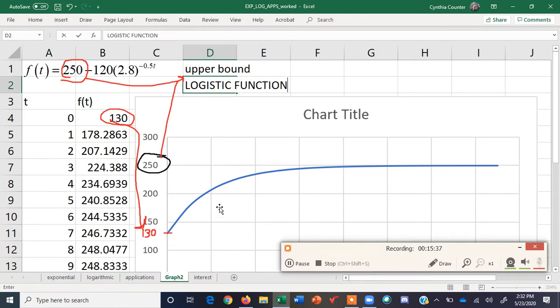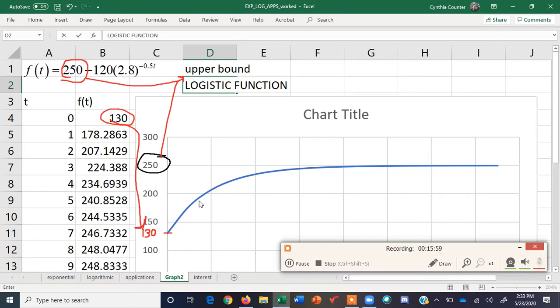It starts off as exponential, but it doesn't increase forever, but it flattens out at some upper limit. That is a logistic function, and this is one form of a logistic function: your maximum minus number times base to a negative exponent.